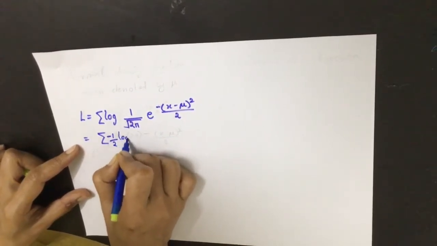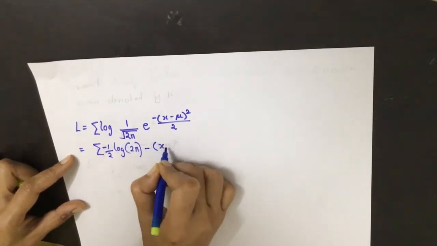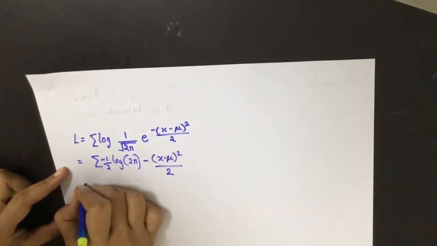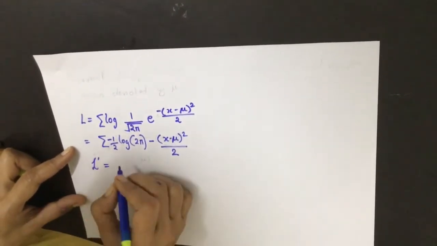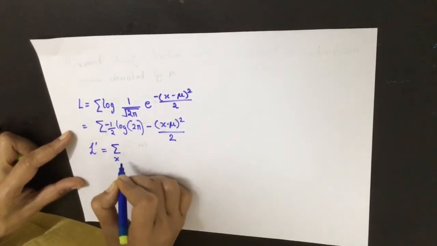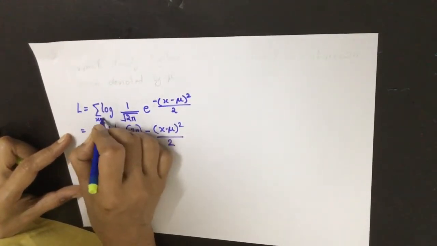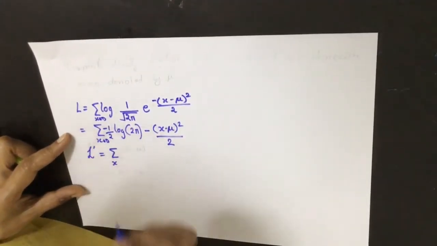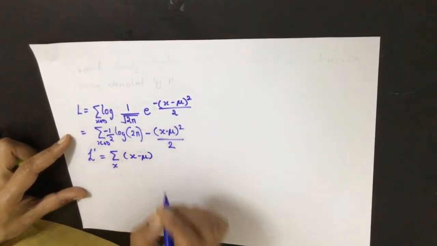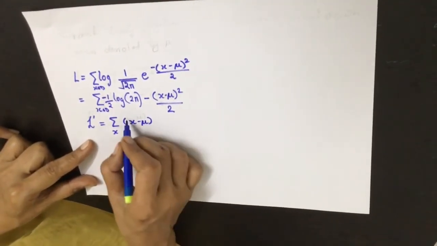Taking this log, it is minus half log of 2 pi minus half of the squared term. Now we take the differential of the same, where all these summations are over x, that is, any observation from the set of all observations. And we find that this comes out to be a very simple thing: the summation of x minus mu.